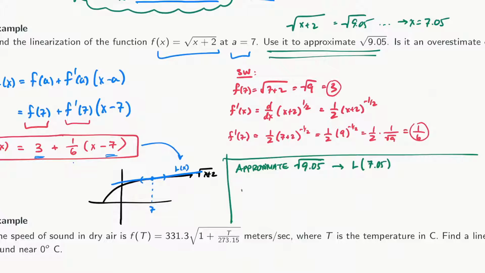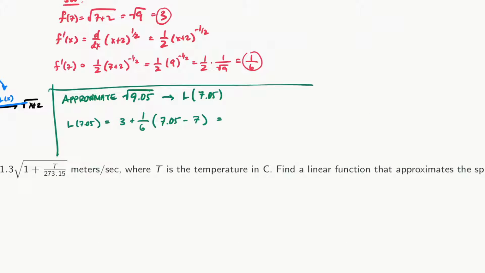So we'll just plug this into the equation that we got, which is 3 plus 1/6 times 7.05, plugging in for x, minus 7. All right, and after we throw this in our calculator, we get this is around 3.00833, repeating.